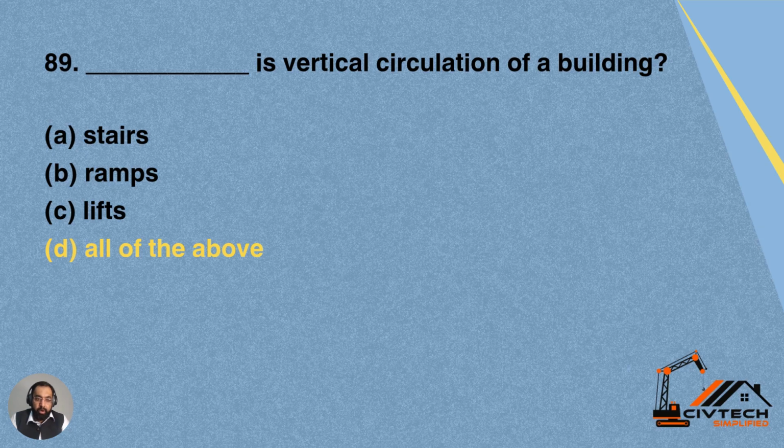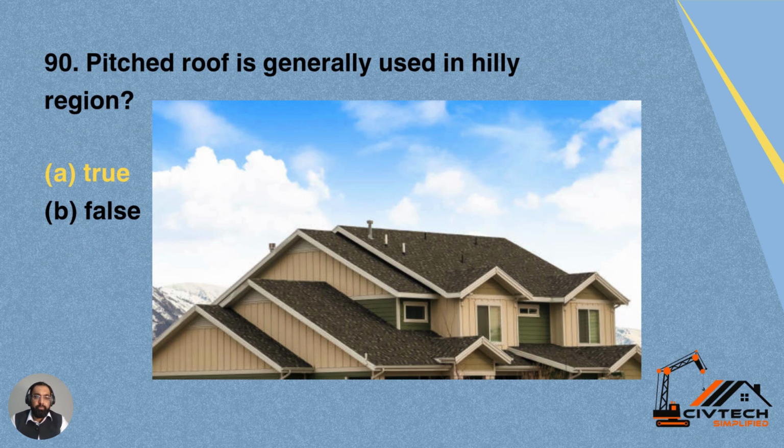So they are creating a cabin or a place, a box. So that's why they are considered as vertical circulation. Stairs also give intermediate circulation within the floors. Ramps as well and lifts also provide the vertical circulation. So all these options are correct. D is correct for this question.